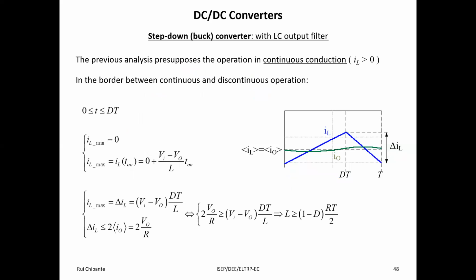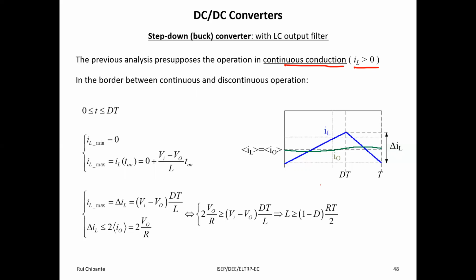So typically in this kind of converters, it is interesting to work in the continuous conduction regime. In the last class, I mentioned this. We can have a continuous conduction regime or a discontinuous conduction regime. In a continuous conduction regime, it means that current is always positive.